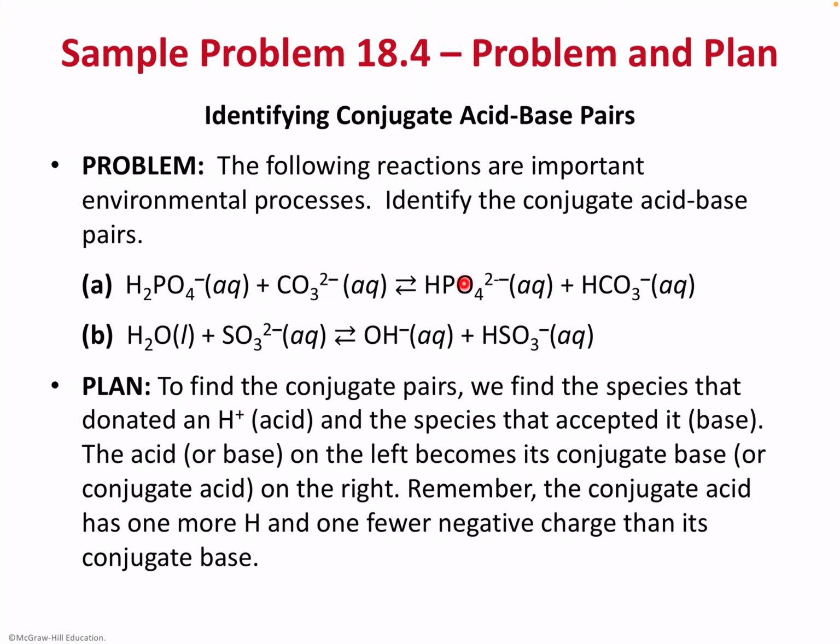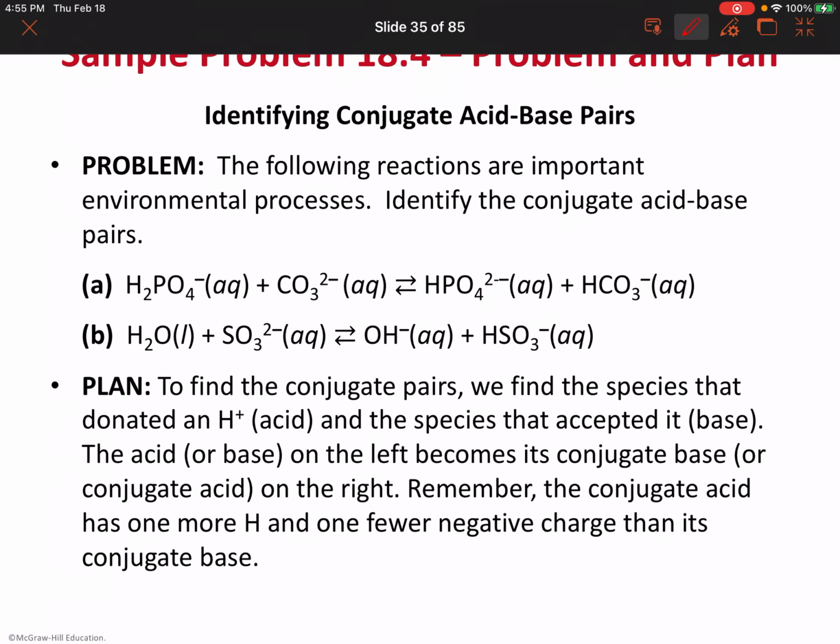H2PO4 minus. You look at your products and find the similar one. It's obvious: H2PO4 minus and HPO4 2 minus. What happened over here? There are two hydrogens, and there's one hydrogen. So these are going to be your conjugate acid-base pair.